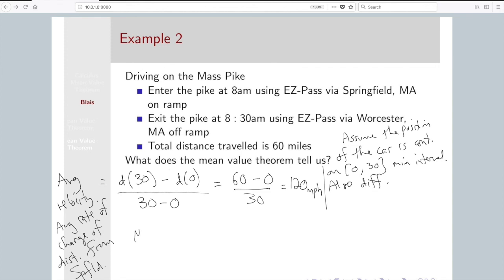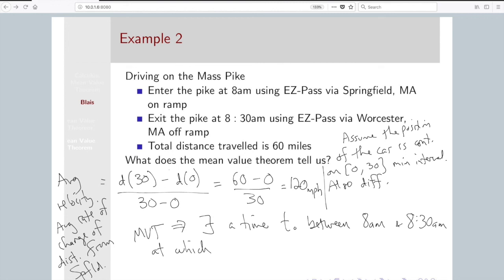What the mean value theorem tells us is that there exists a time, we'll say t naught, between 8 a.m. and 8:30 a.m. at which the driver or the car was traveling at exactly 120 miles per hour.